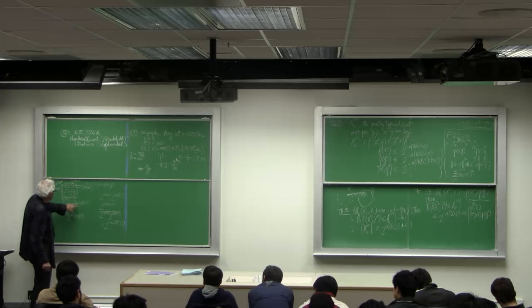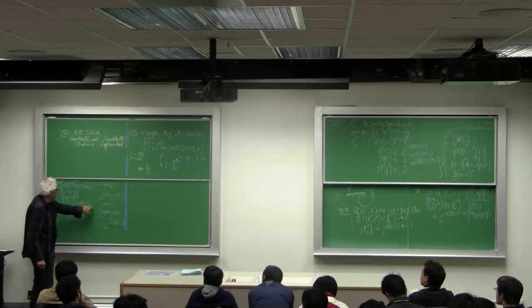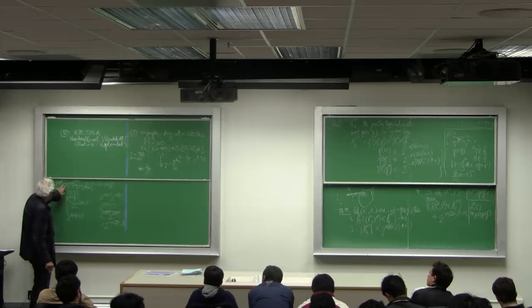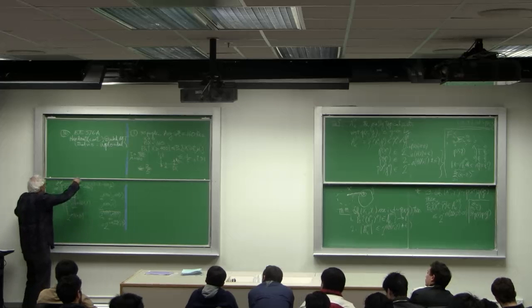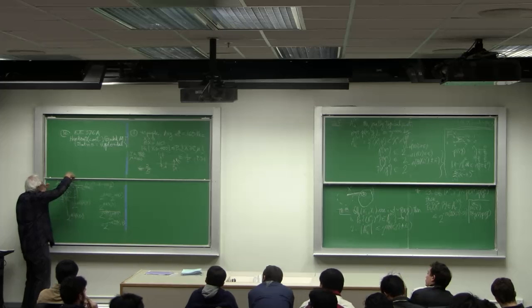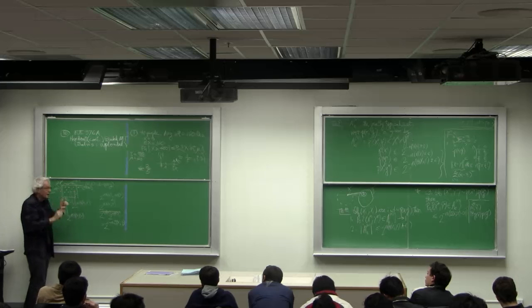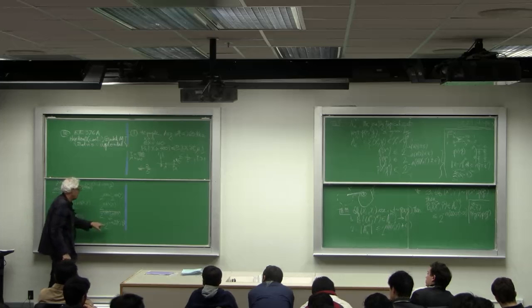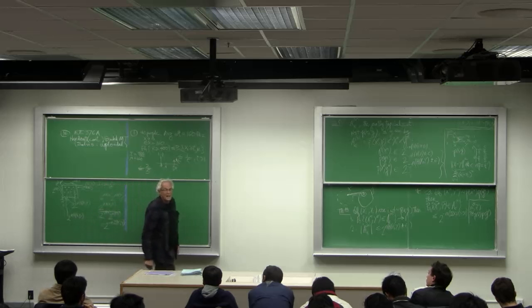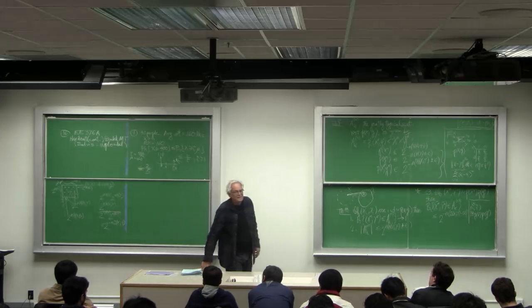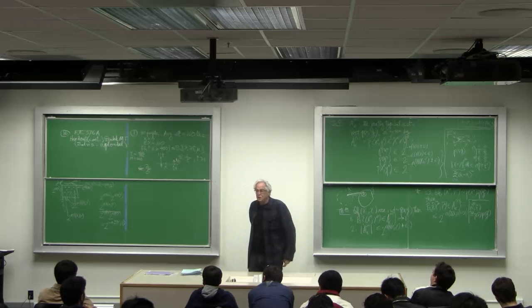The total number is 2 to the n h of x comma y. The probability that two independently drawn x sequence, y sequence are jointly typical is 2 to the minus ni. So you could see how useful this is.